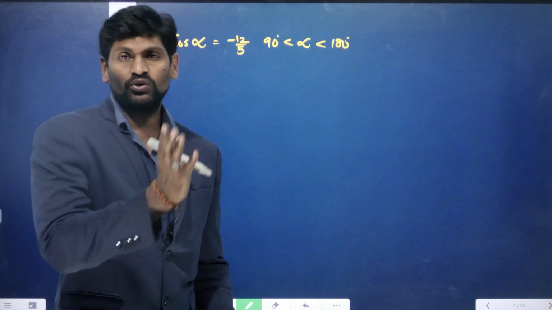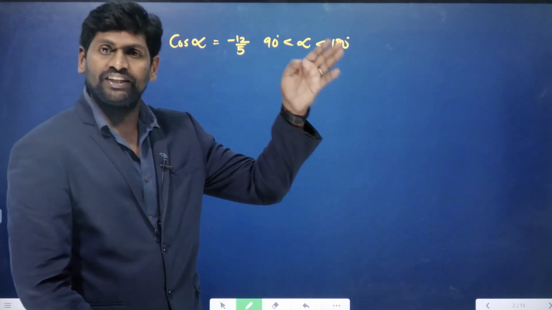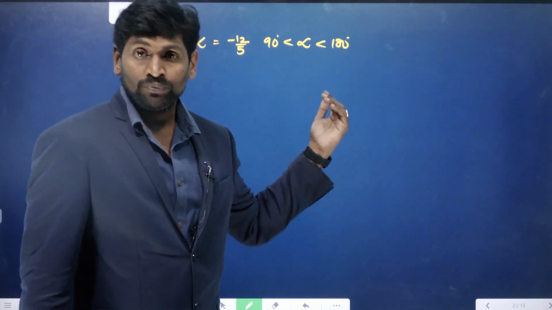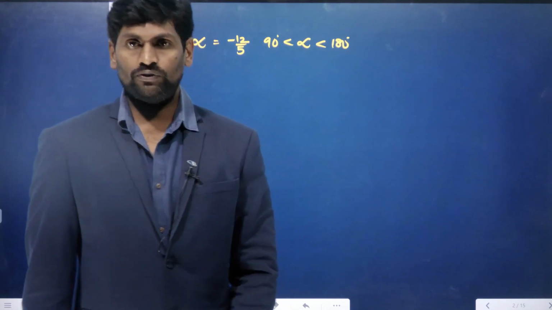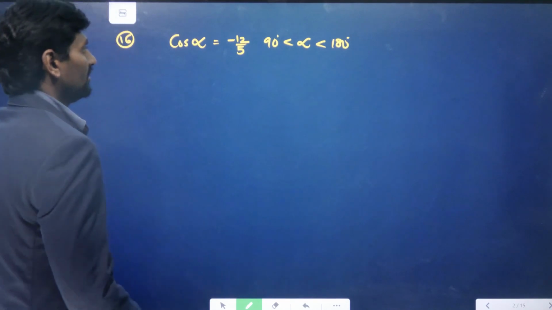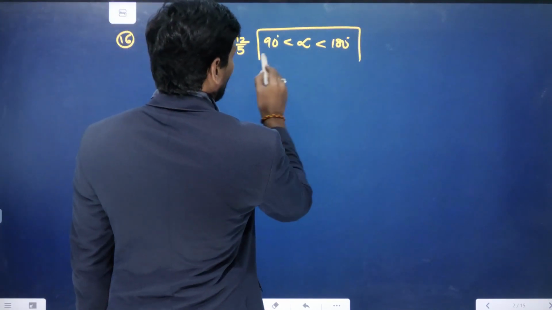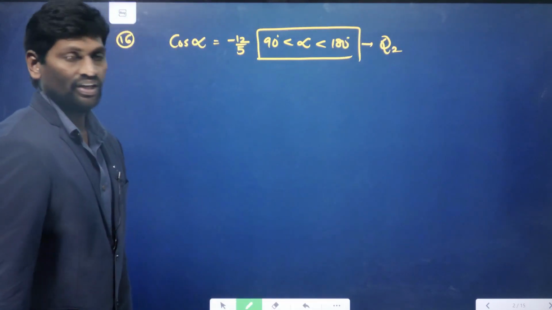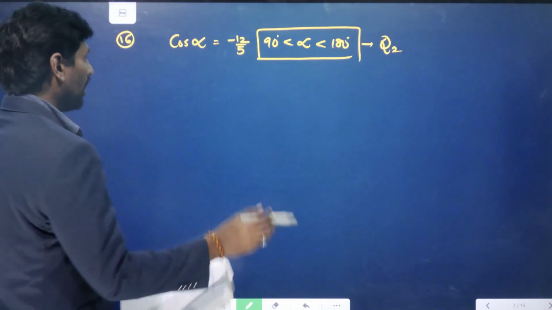Okay? 0 to 90 degrees is quadrant 1, 90 to 180 quadrant 2, 180 to 270 quadrant 3, 270 to 360 quadrant 4. Yeah. So alpha is in quadrant 2.